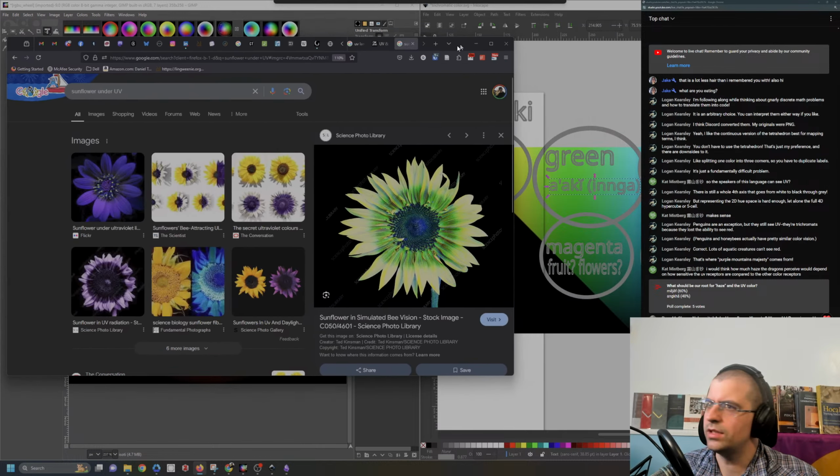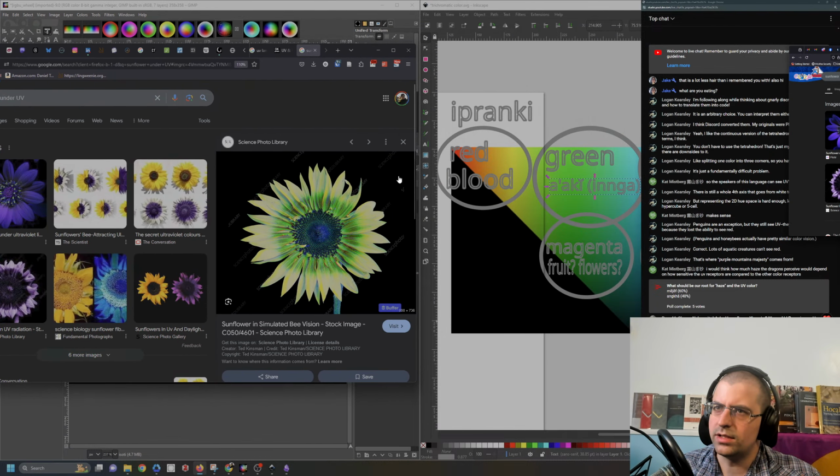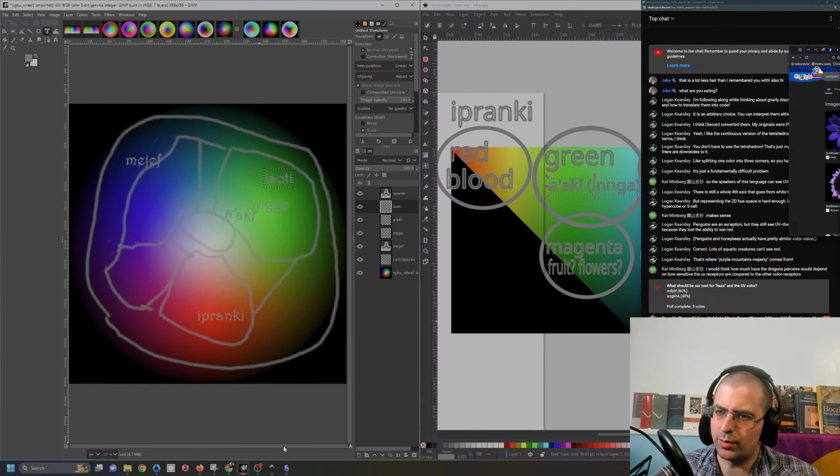So this is like what sunflowers look to a bee. Bees don't see red, but they see in UV, and they will see this bright pattern here, pattern of bright and dark. So a lot of flowers will have UV reflective. So flowers in and among the green would give that.